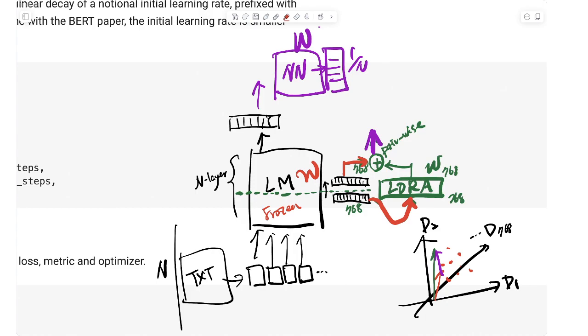But you can design any structure. You can split it any place you like. LoRA allows you to do so. So let's take an example. If you split at the green line, the language model has n different layers, right?